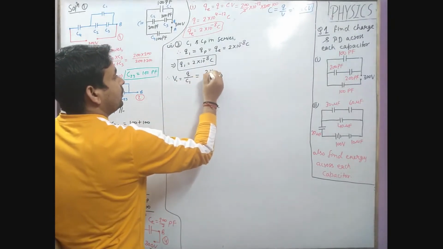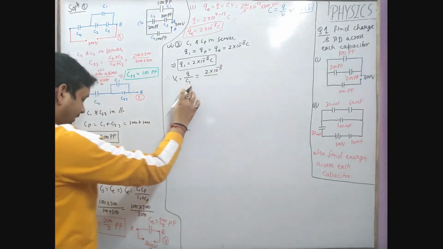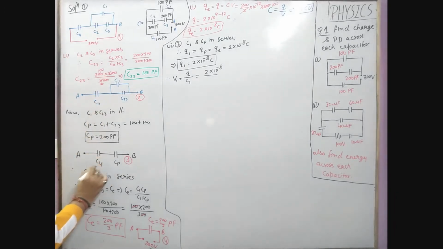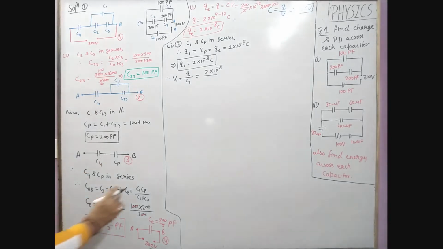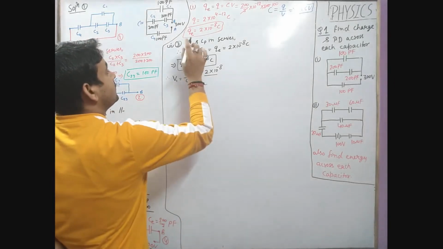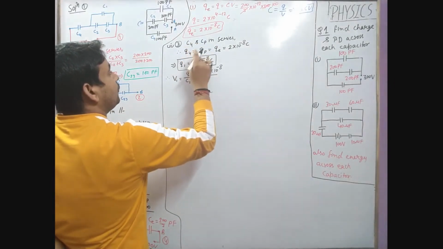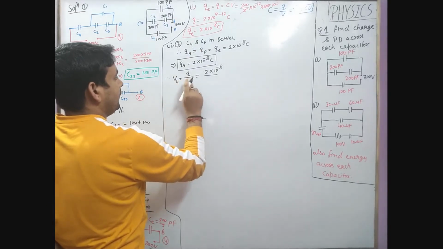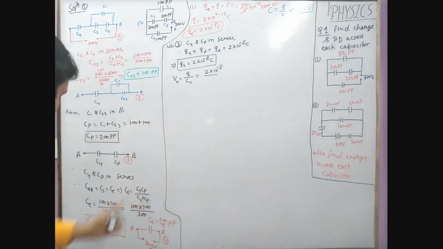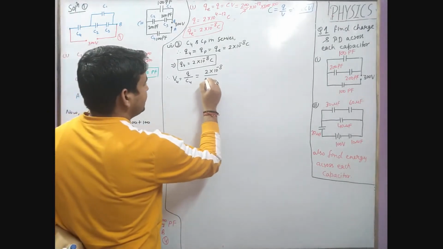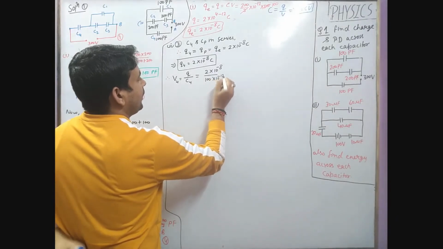Here we have 2 into 10 to the power minus 8, and the value of C4 is 100 picofarad, that means 100 into 10 to the power minus 12.